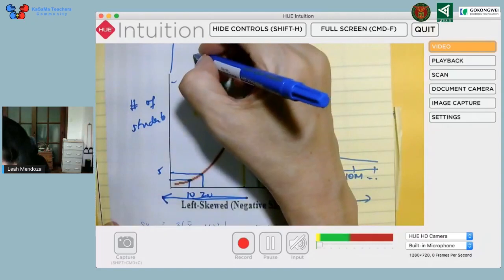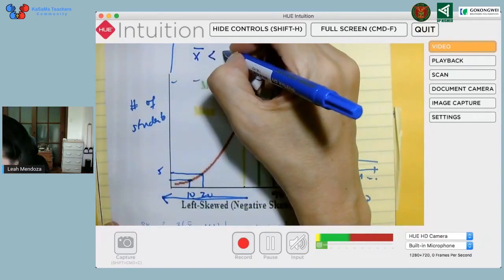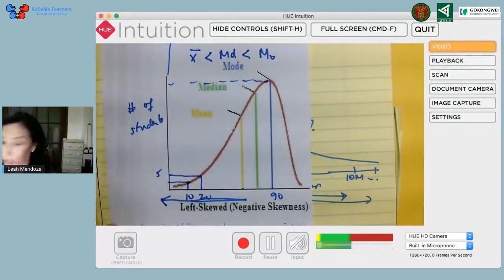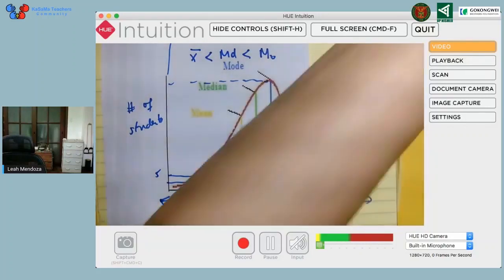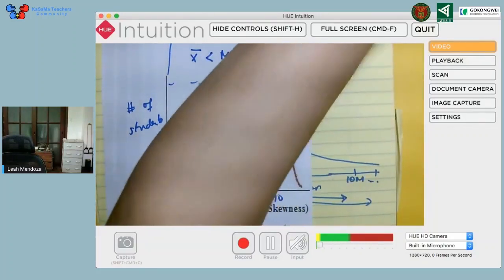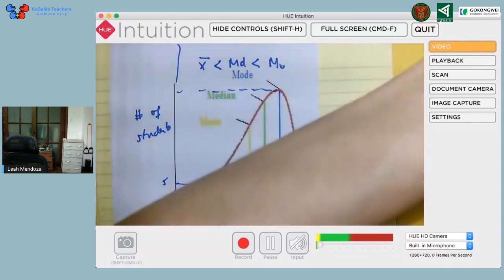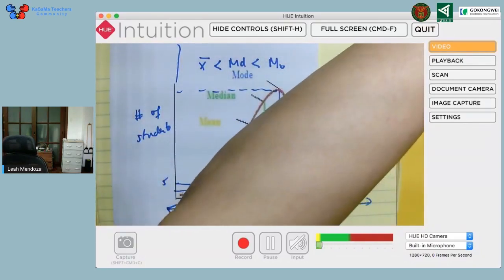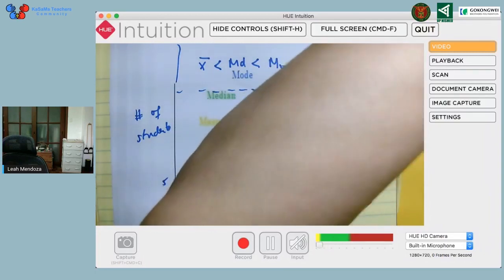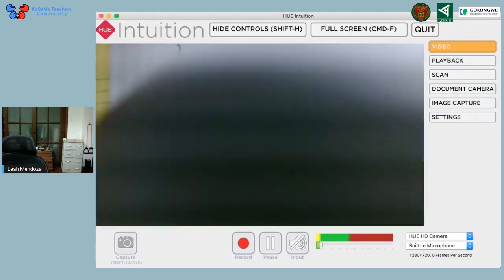So in this case, the mean is less than the mode. Okay? So these are just a few rules that could help you make generalizations.